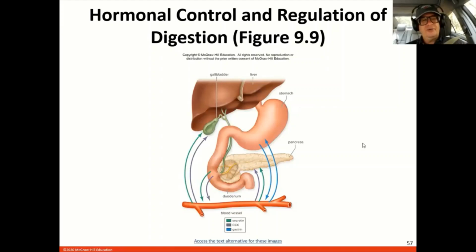So say your stomach fills with food, and as the stomach is expanding, you have the stomach release hormones into the blood. Okay. And those hormones that go into the blood, they will tell other things what's happening, like tell the pancreas, all right, ramp up your production. I've got food and the intestines are going to be dealing with it soon. You better get ready to defend them. So that type of thing.